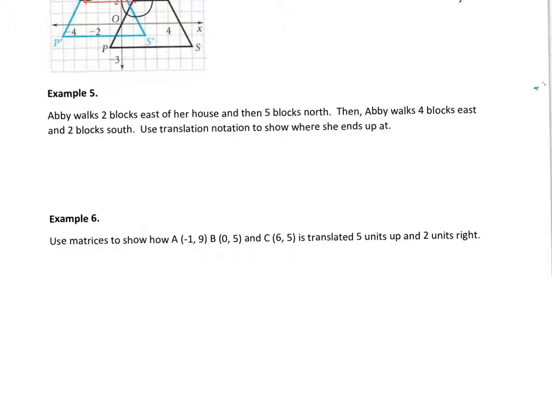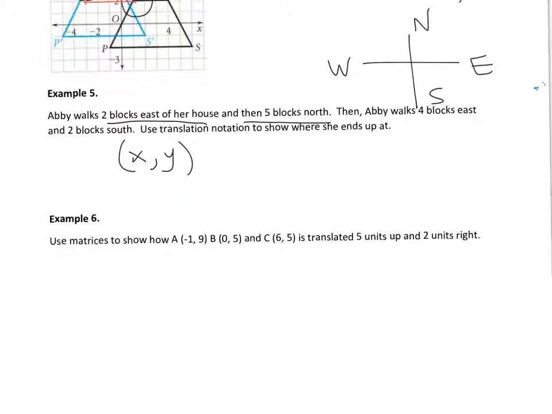Okay, Abby walks 2 blocks east of her house and 5 blocks north. Let's make an XY axis here: east, west, north, south. If she's going 2 blocks east, it's x plus 2, and 5 blocks north is y plus 5. Then she walks 4 blocks east and 2 blocks south.